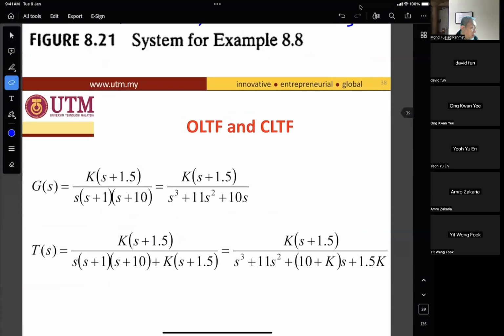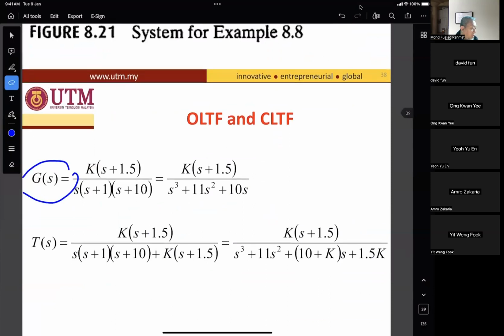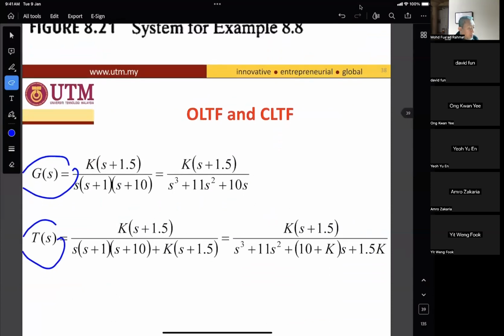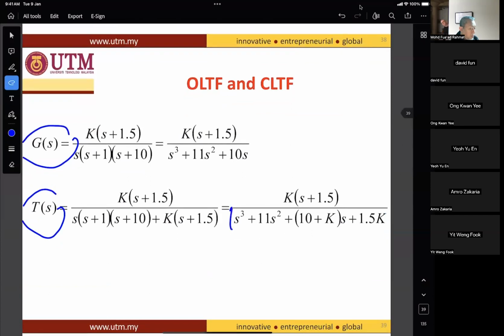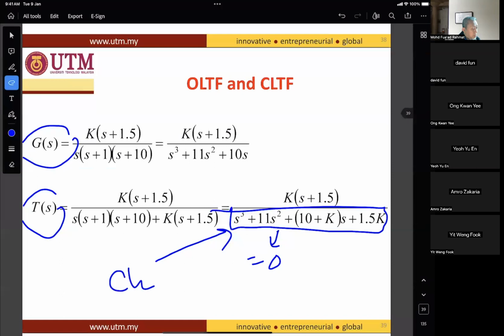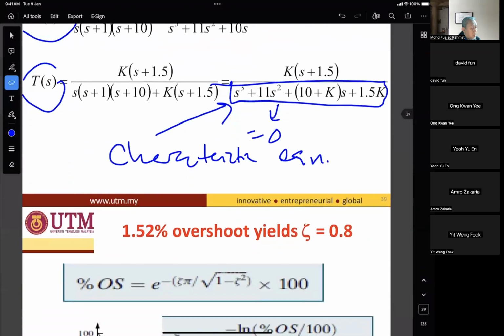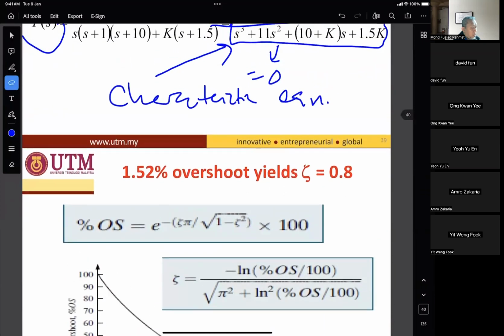So this is the open loop transfer function and this is the closed loop transfer function. And what is this equal to 0? What is the name of this equation? Characteristic equation.